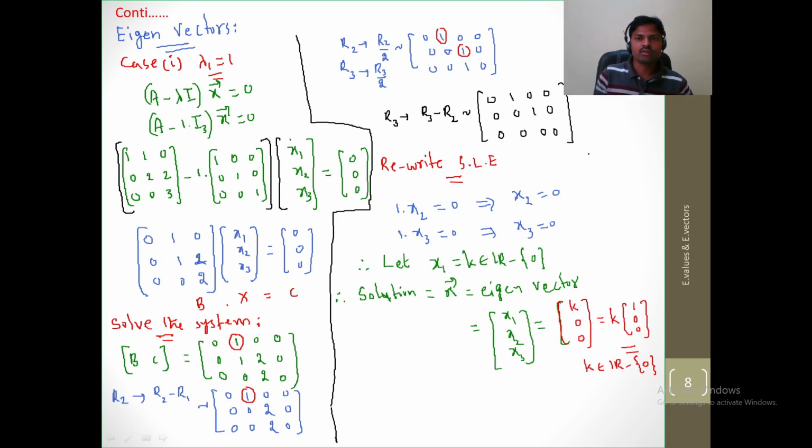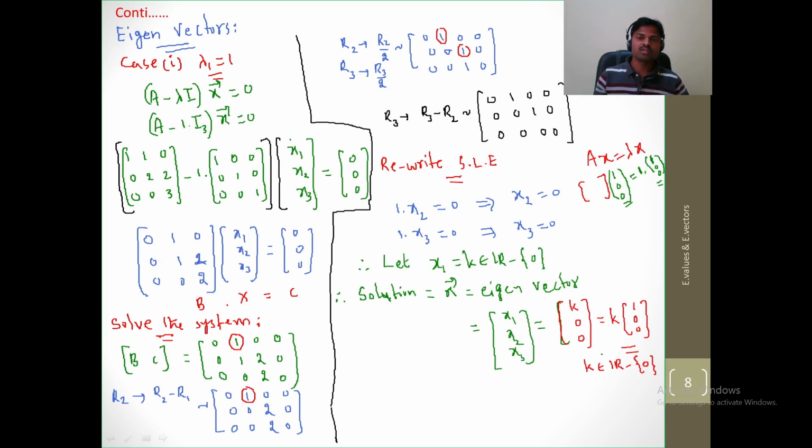We already have the equation Ax is equal to lambda x, where A is the given upper triangular matrix, and x we are taking as 1 0 0, with k is equal to 1. And lambda here is the eigenvalue 1, so 1 into 1 0 0. Now verify this. It has to satisfy compulsorily. If it is not satisfying, it is not an eigenvector.